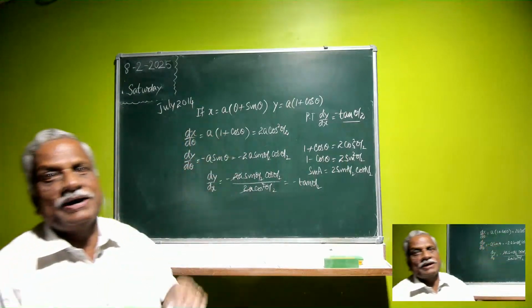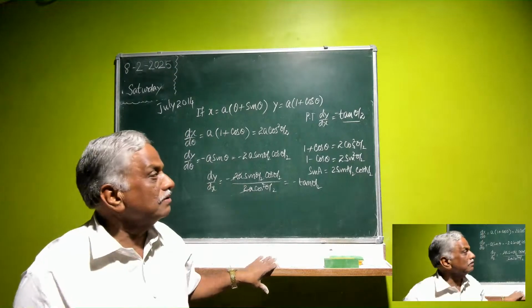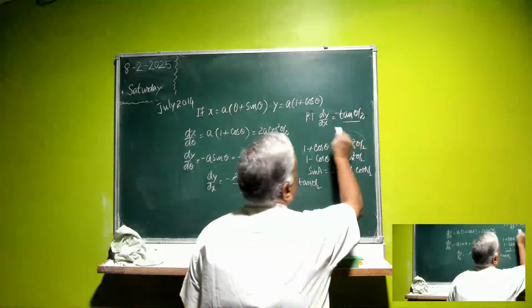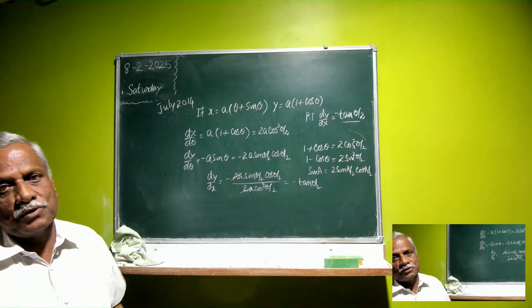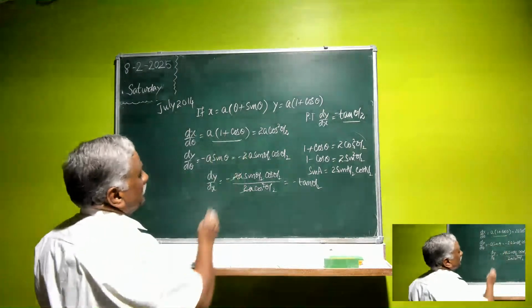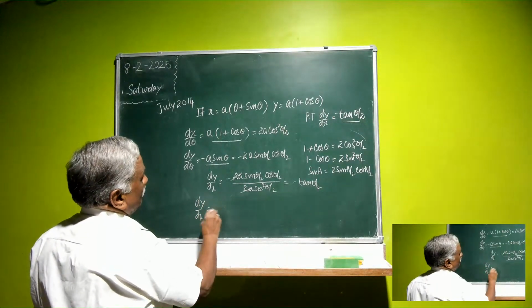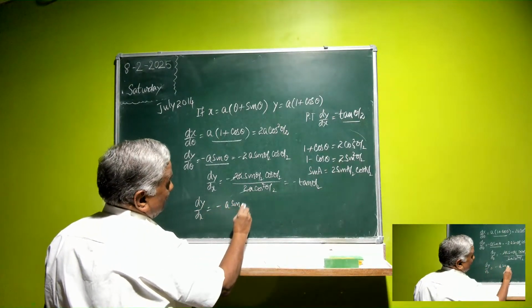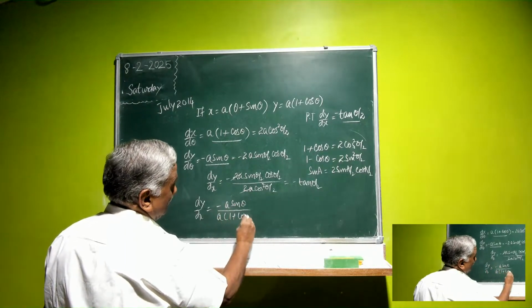So you have to find dx by dt, dy by dt. This problem is difficult for some of us because we may not remember this. In that case, you can differentiate this much, this much, and write dy by dx is equal to minus a sin theta over a into 1 plus cos theta.